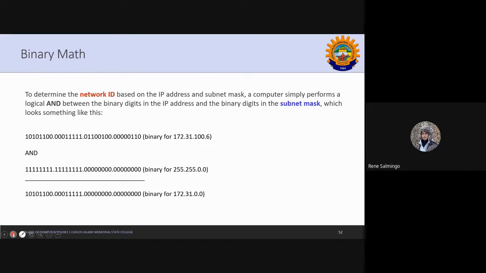Now, how do we perform this? For example, where do we start? We will start at this side. This is your decimal point here, and you move to this side in order to perform the mathematics on binary numbers. So this one, 0 and 0, that is 0. 1 and 0, that is 0. And all of these are 0, correct?